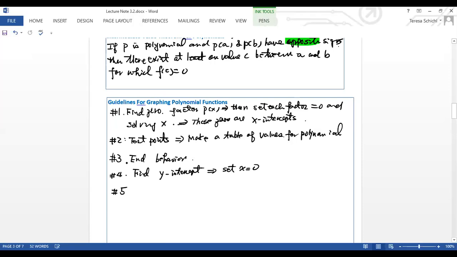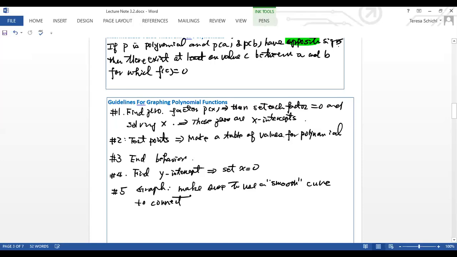Then number 5 is your graph. Make sure you use a smooth curve, because we know a polynomial is a smooth and continuous curve to connect the points.